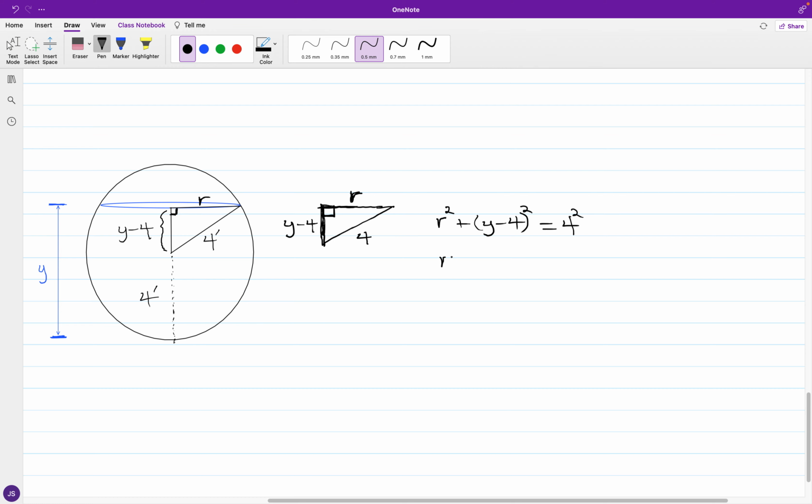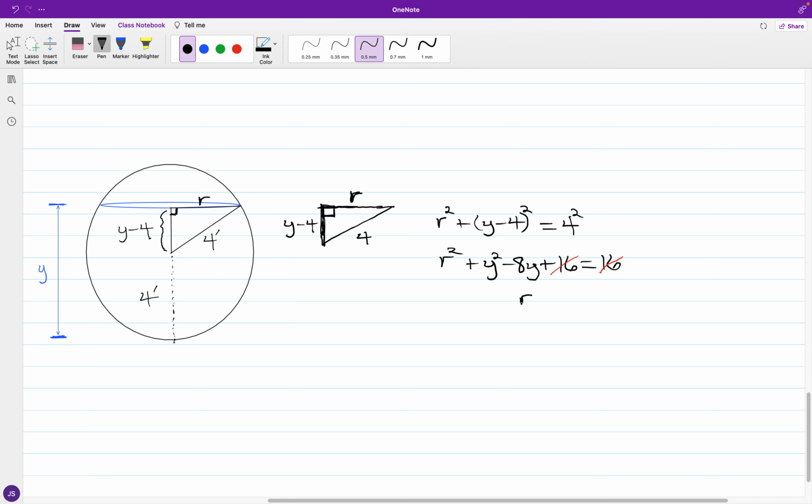And looking at expanding, you have r squared plus, squaring out the quantity y minus 4, we have y squared minus 8y plus 16 is equal to 16.